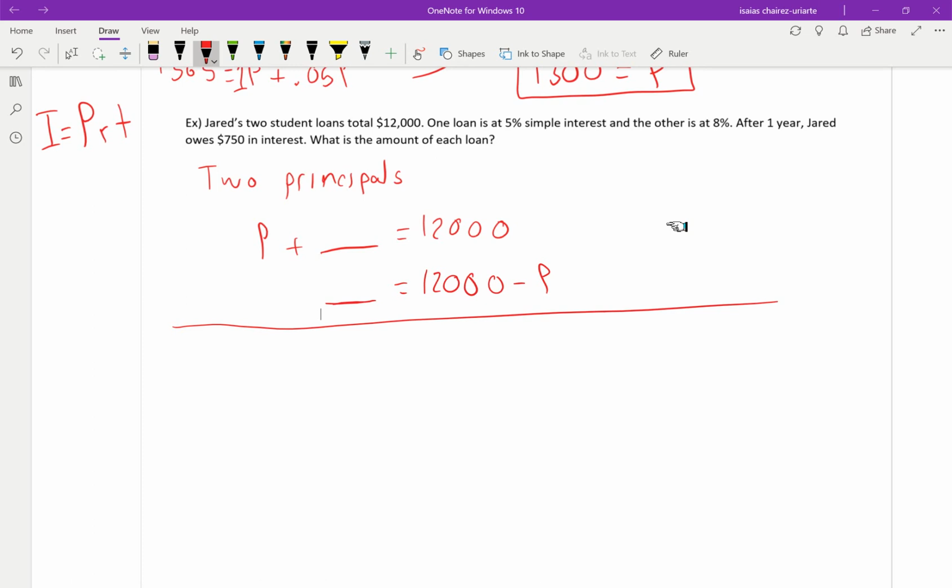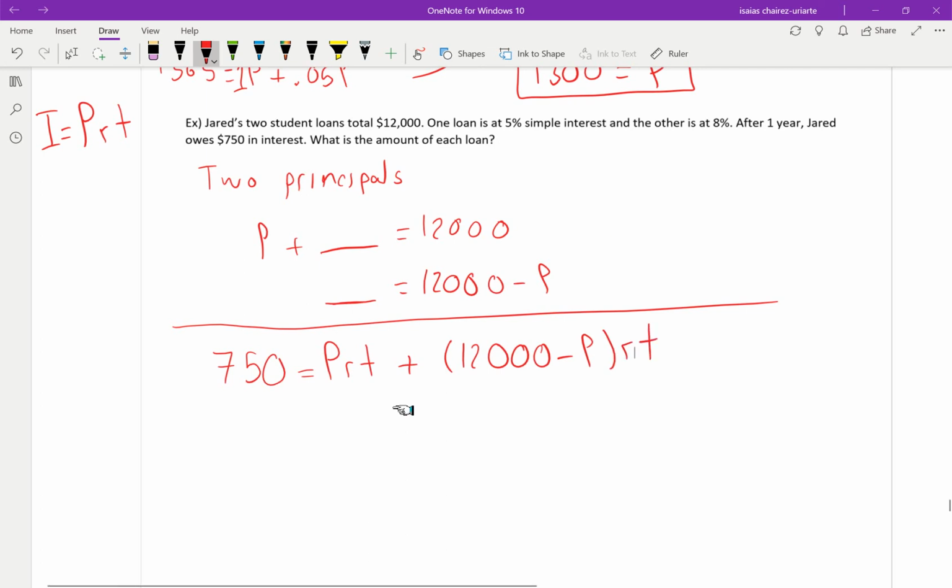And now he says that after 1 year, Jared owes 750 in just interest. So that's the interest from the first loan, P R T, plus the other principal, 12,000 minus P, times R T. So think about this little equation that I just wrote down.